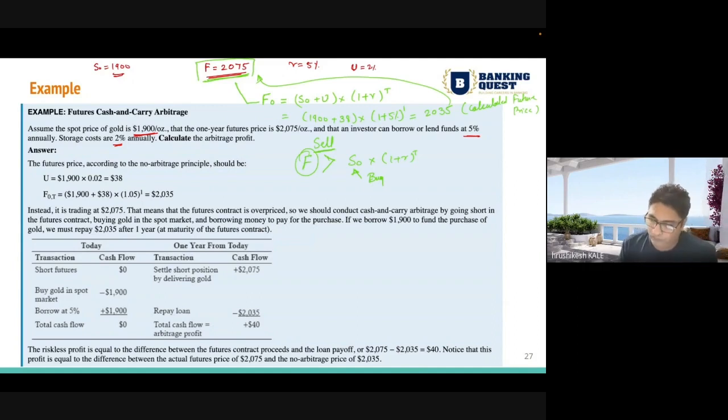First of all, I want to buy this. Today's price of gold is 1900. So I will borrow 1900. I'm speaking about today, year 0, okay? Borrow 1900 at 5%, and I will purchase gold.